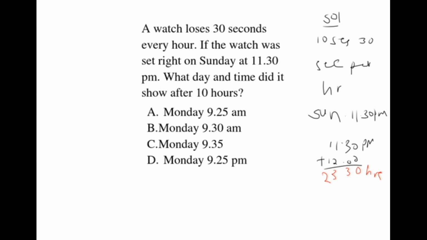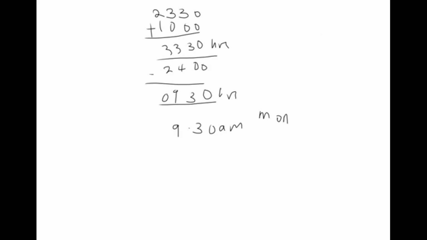we are asked after 10 hours. Therefore we multiply 30 times 10 to know the number of seconds which it lost. So we have 10 times 30. This gives us 300 seconds. So it lost 300 seconds. Convert these 300 seconds into minutes. 1 minute is equivalent to 60 seconds.